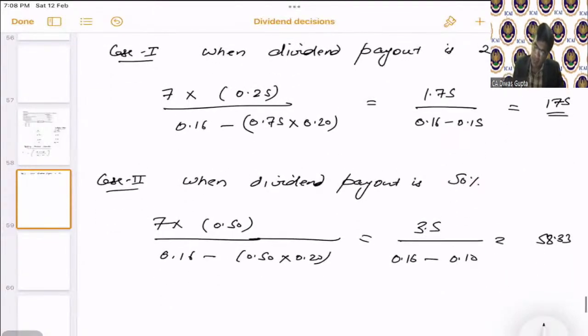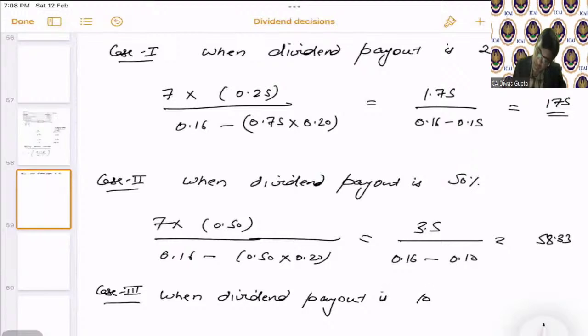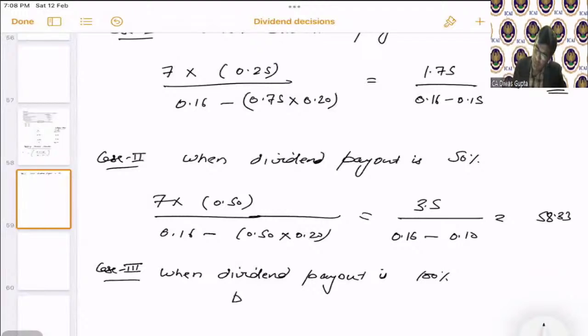Okay, now the last part, case number three. When dividend payout is actually 100%, right? This is the third part? Yes. In this case, what we know is that B is equal to 0, right?